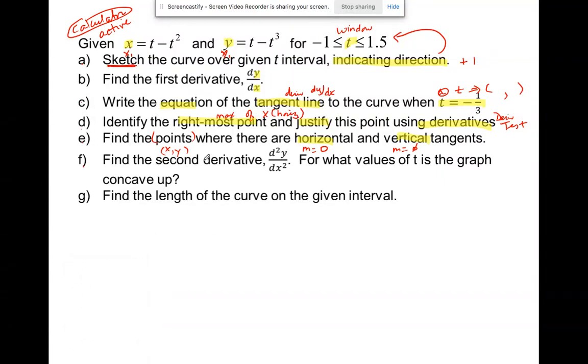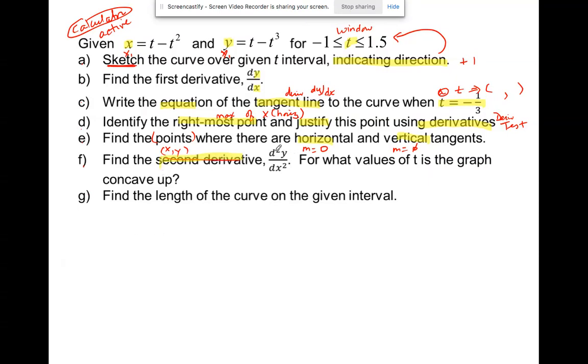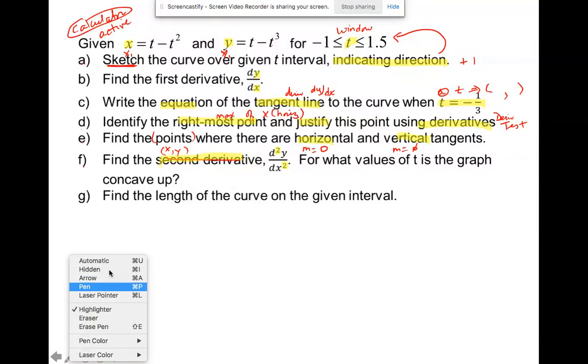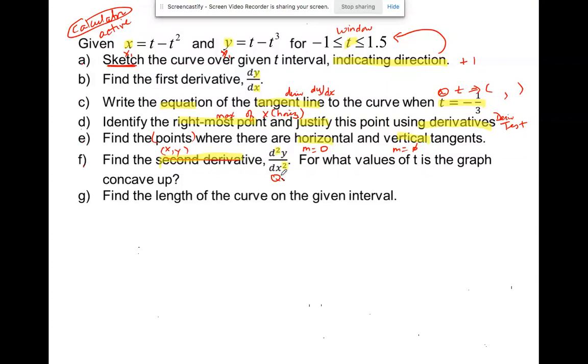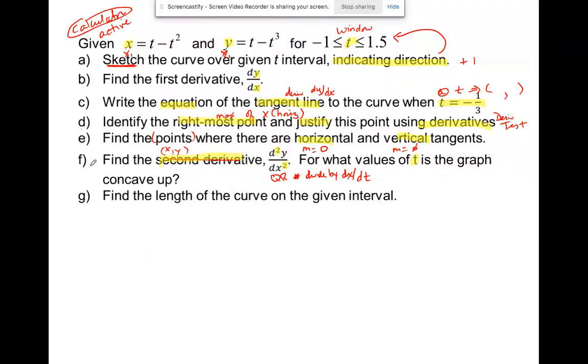Find the second derivative. Think to myself, probably going to have to use the quotient rule. And don't forget, for what values of t is the graph concave up?